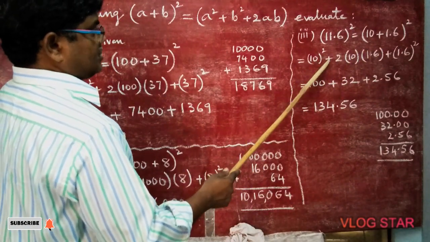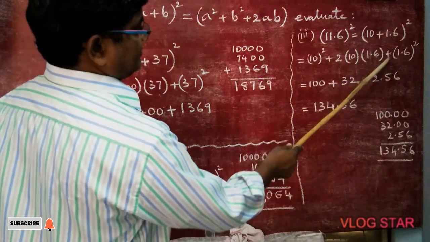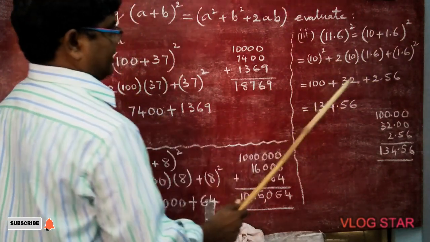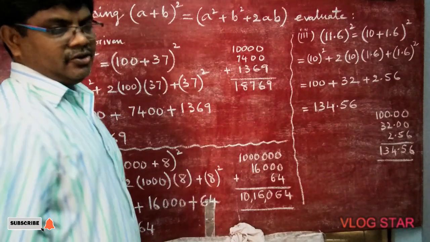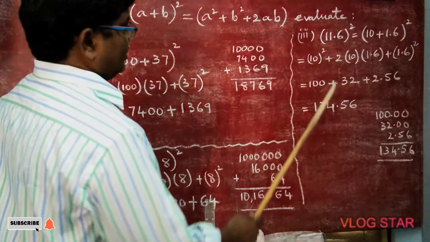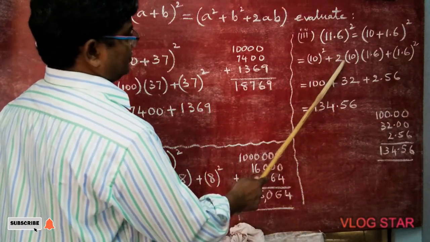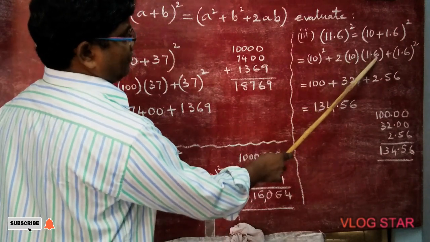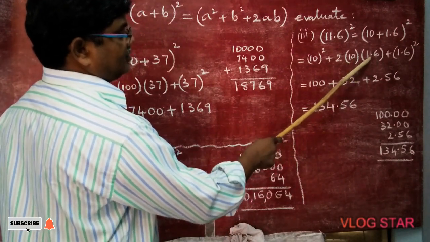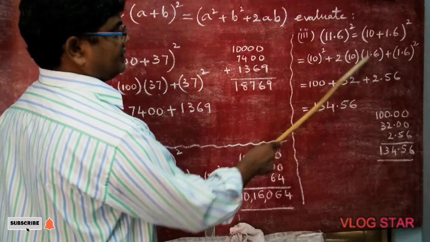So 10 square plus 2 into 10 into 1.6 plus 1.6 whole square. 10 tens are 100, everyone knows. Plus multiply 10 into 1.6. Decimal will be removed, becomes 16.